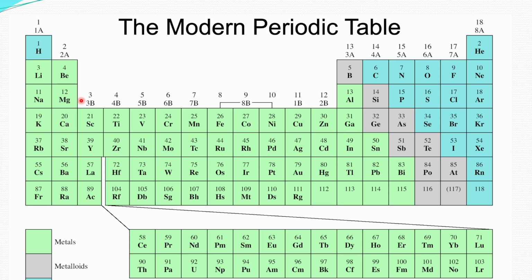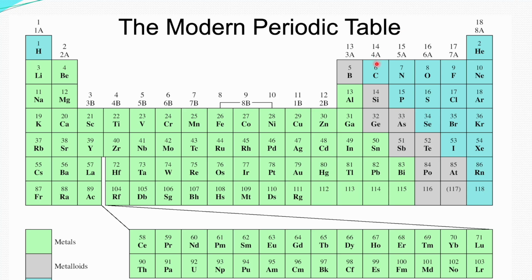So essentially, with the exception of hydrogen at the top left, everything from here right up till about here are metals. You don't have to even worry, just look at the periodic table. Before you even get into this section, you'll know that you're looking at a metal. And then out here, you have all the non-metals.